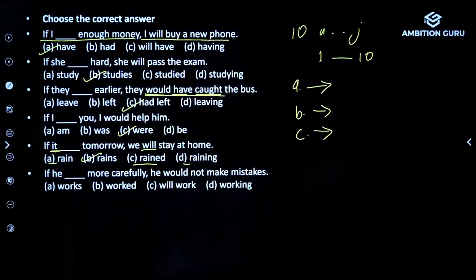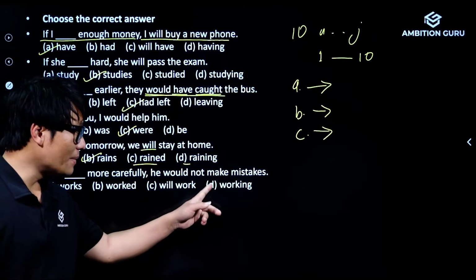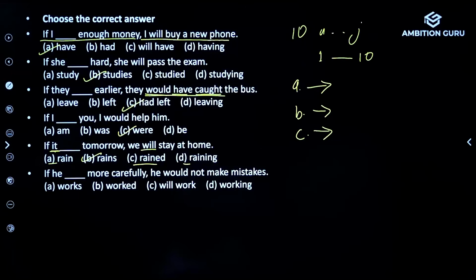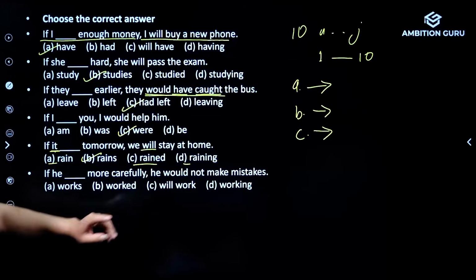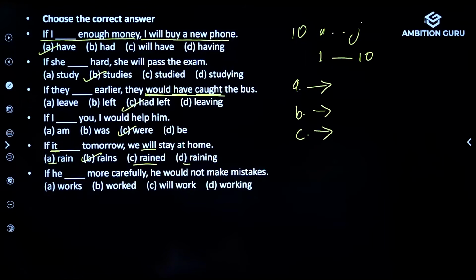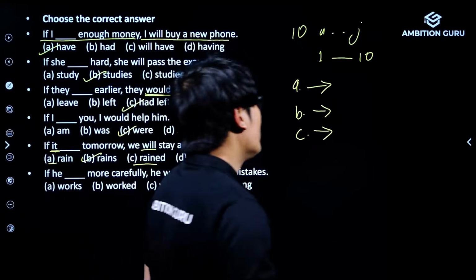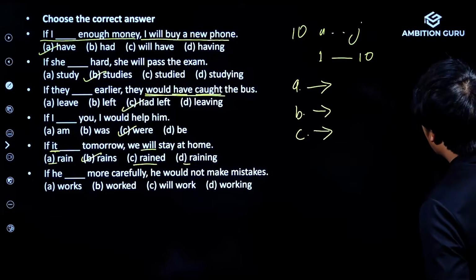Okay, next. If he did it more carefully, he would not make a mistake. So what should be here? If he works, if he worked, if he will work, or if he working. Okay, you need to understand here. It's so simple.